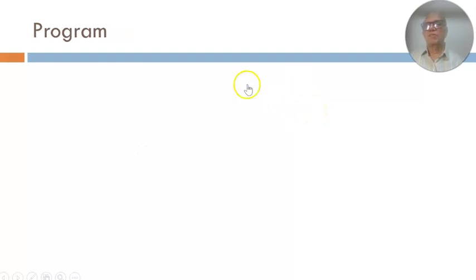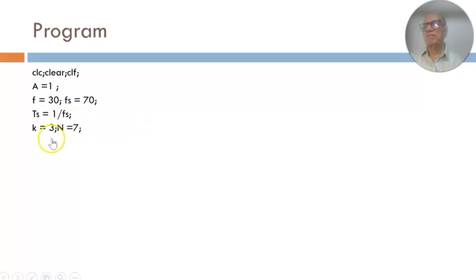Okay, so let's look at the program now. So this is the usual CLC, clear, CLF, A equal to 1, F equal to 30, Fs equal to 70, Ts is 1 by Fs, K equal to 3, N equal to 7, n is 0 to 7 with an increment of 1, which is the default increment.